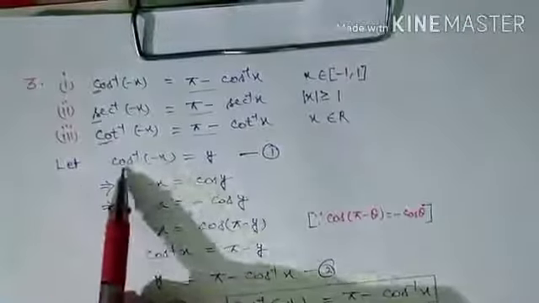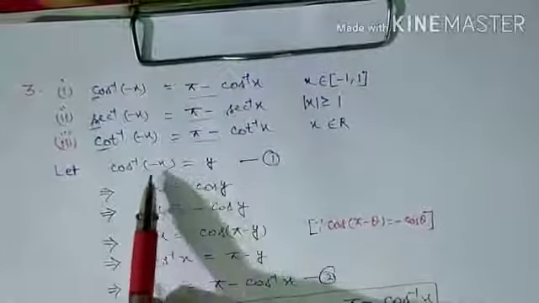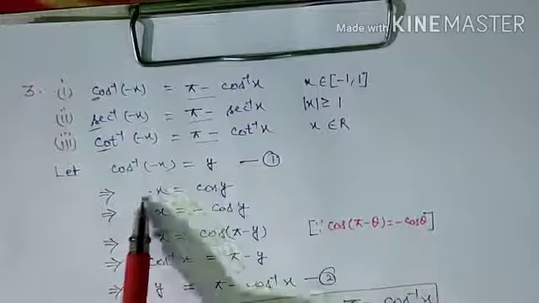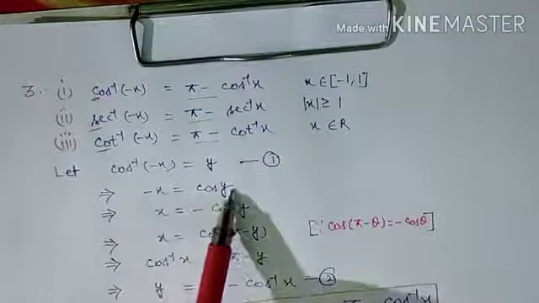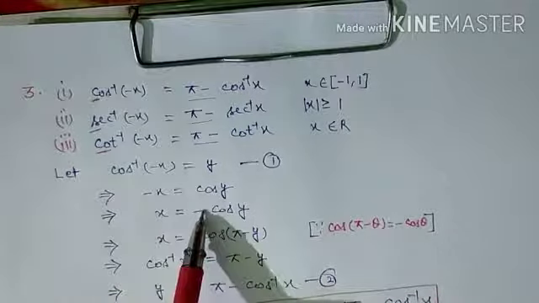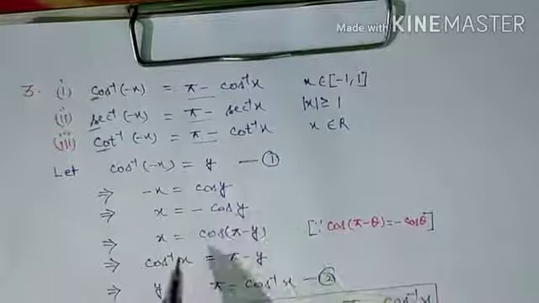Let cos inverse of minus x equal y. Now I am shifting this cos to the other side, then minus x is equal to cos y, and shifting the minus sign to the other side, x will be equal to minus cos y.